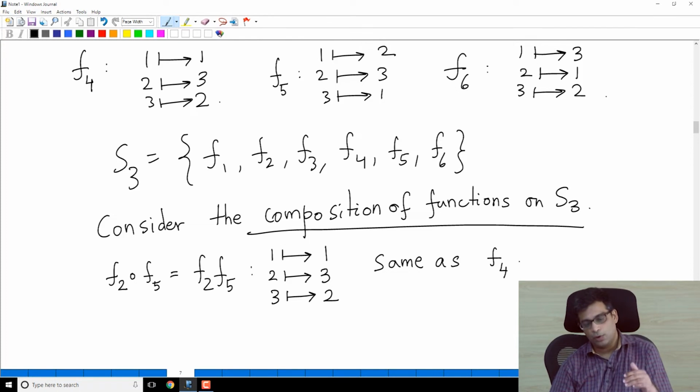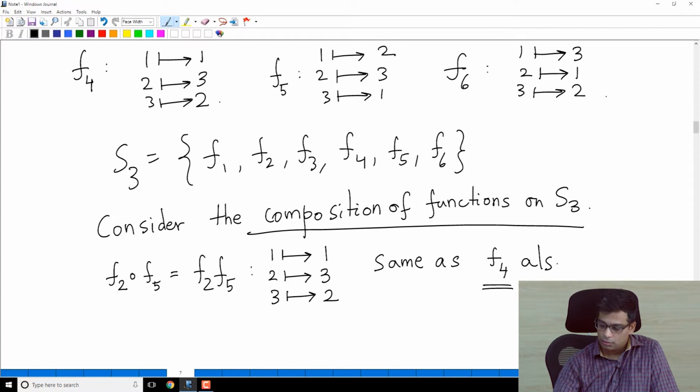So, this is an example of what I mean by the operation being closed. If I take two functions F2 and F5 in S3, and I compose them, I get another element of S3.